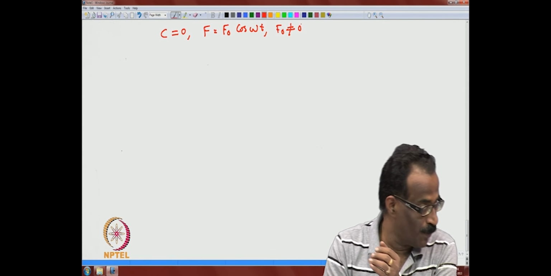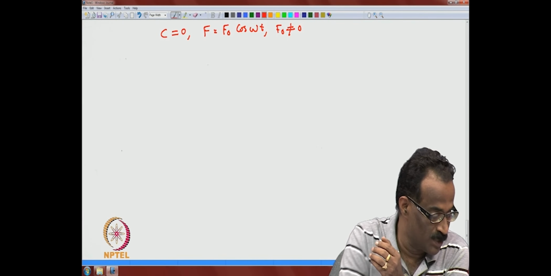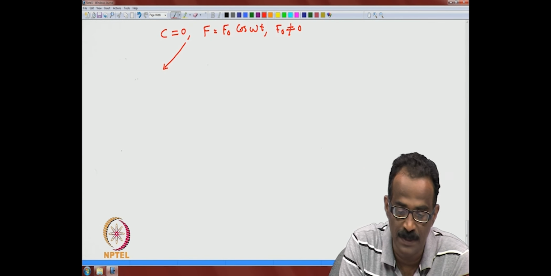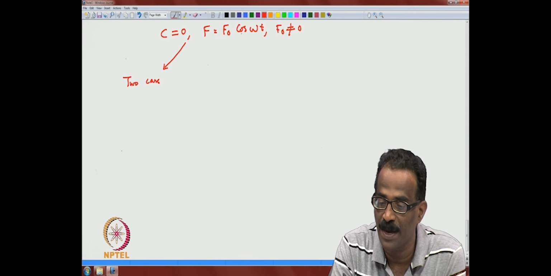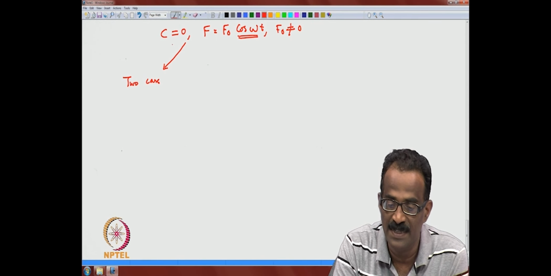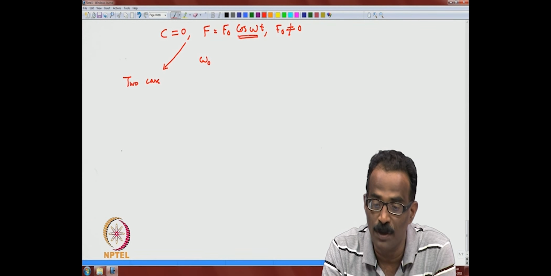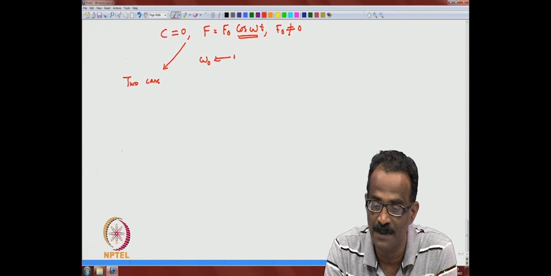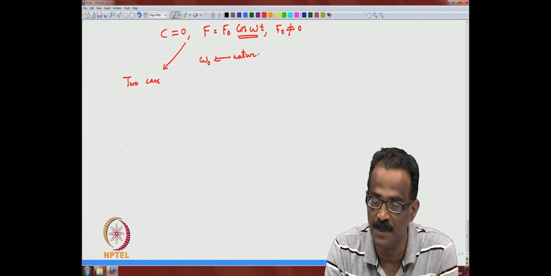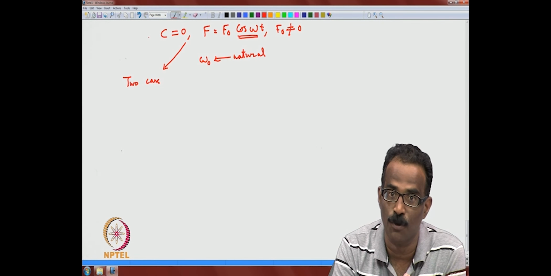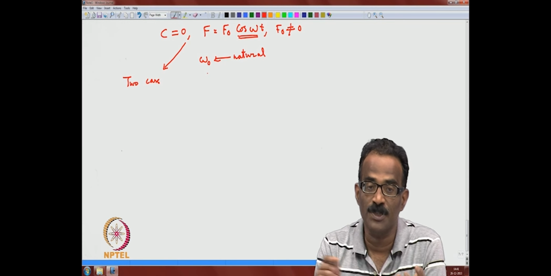When C equal to 0 you have your solutions, and this again reduces to two cases, because when C equal to 0 there is a natural frequency omega naught. If omega happens to be a solution of the homogeneous equation, then the solution will differ.